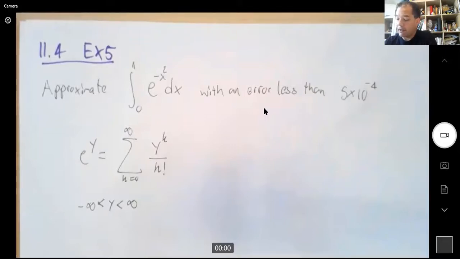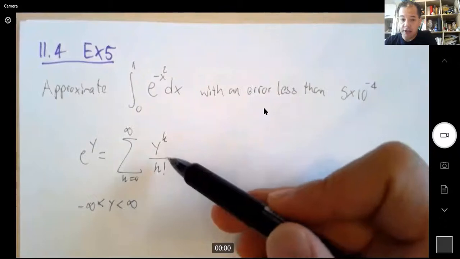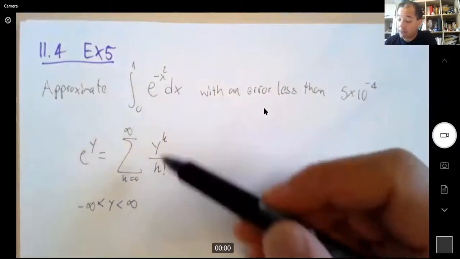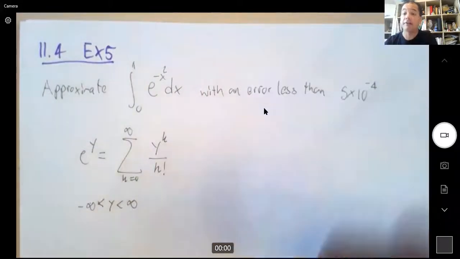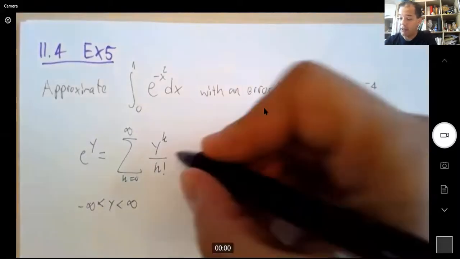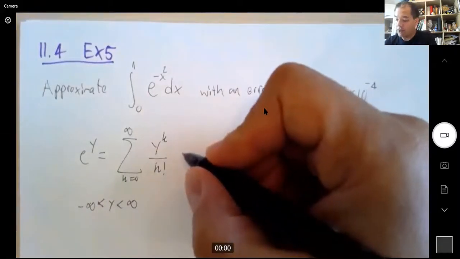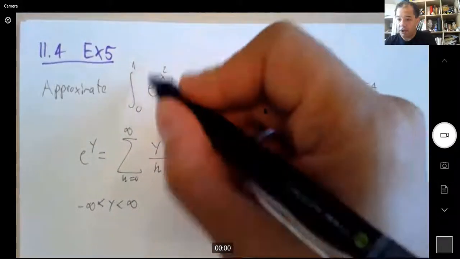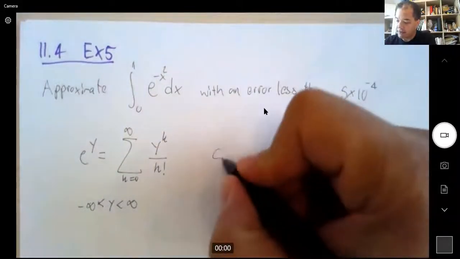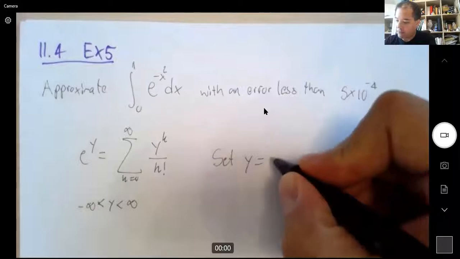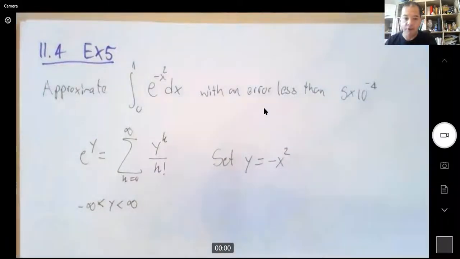The idea is to use this to integrate, because we can integrate a power series term by term. It was one of our earlier theorems, and we used it to come up with new power series, if you remember. So here we first plug in what we want, which is to set y equal to negative x squared, because that's the function that we want.